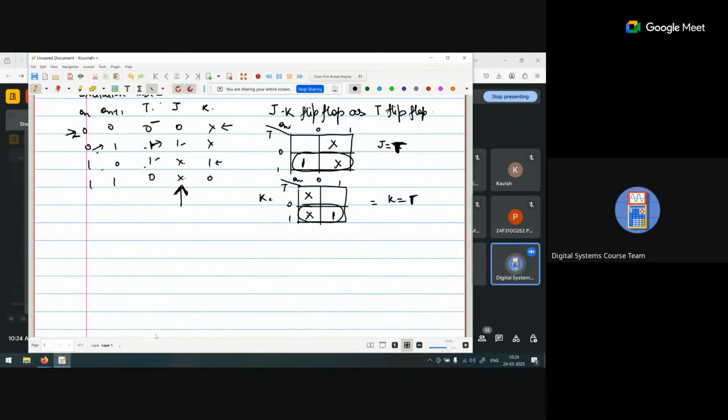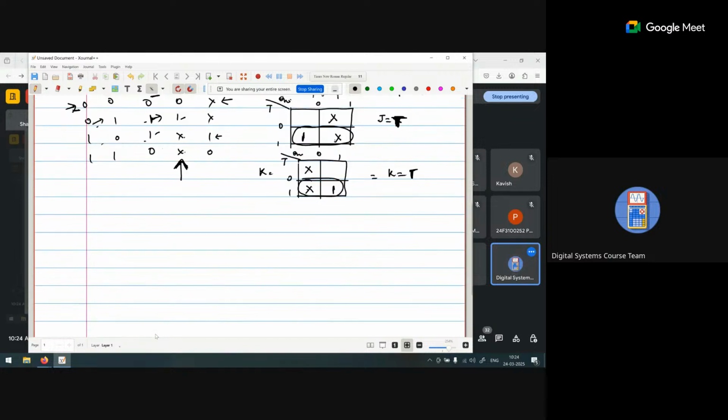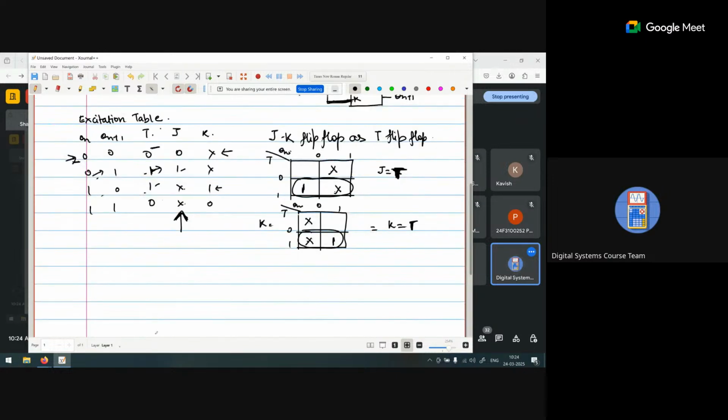If this is the excitation table, according to this one, we are using this one as J and K both are T. So if we are using J and K, Qn plus 1, Qn plus 1 bar, we connect both with the T. So this is the excitation table.